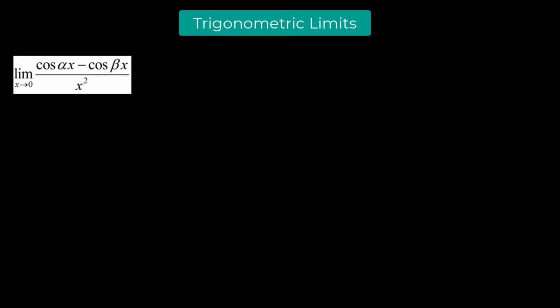Here we're going to use the identity that cosine of a minus cosine of b is equal to 2 times sine of (b plus a) over 2 times sine of (b minus a) over 2. So let us apply this, and this gives us the limit as x tends to 0.